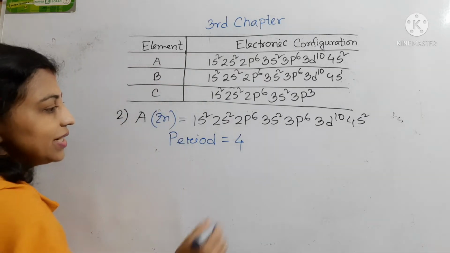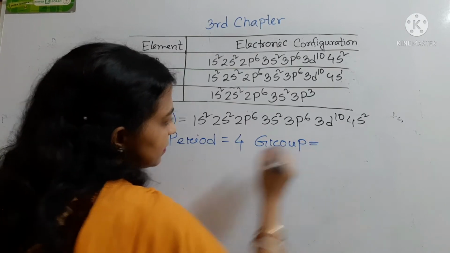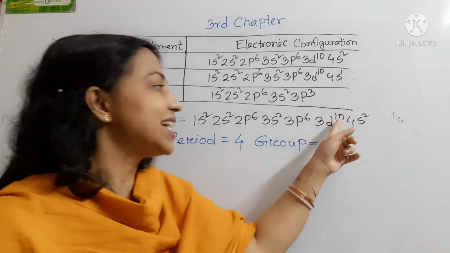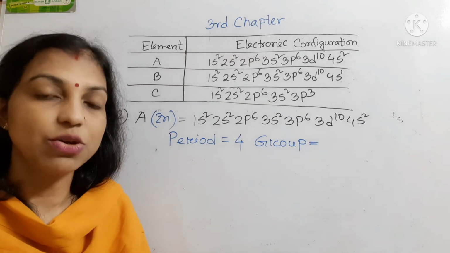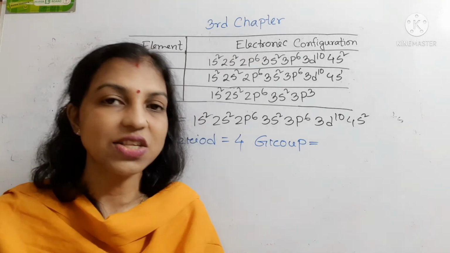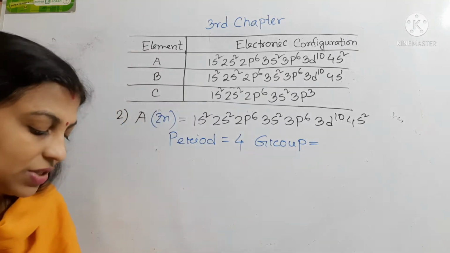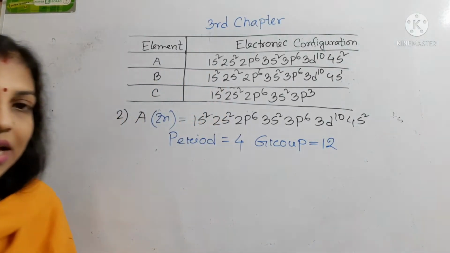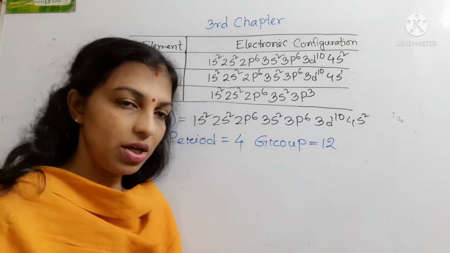So what will be the group number of zinc? Just look here. 10 electrons are present in the d orbital and 2 electrons in the s orbital. So the total is 10 plus 2 equals 12. So the group number of zinc is 12. This way we determine the position of zinc in the periodic table.